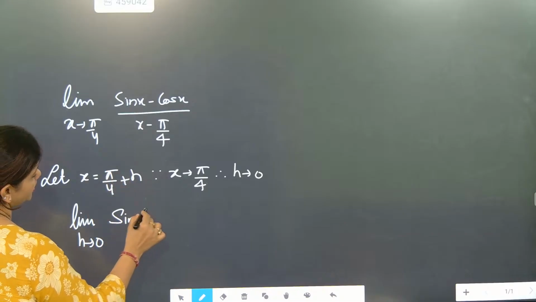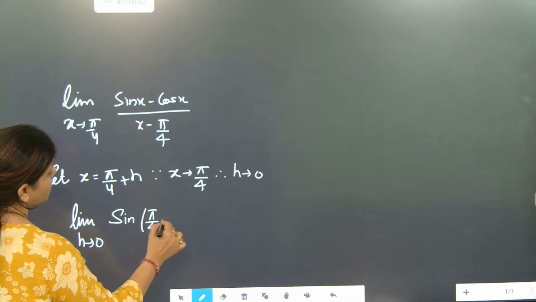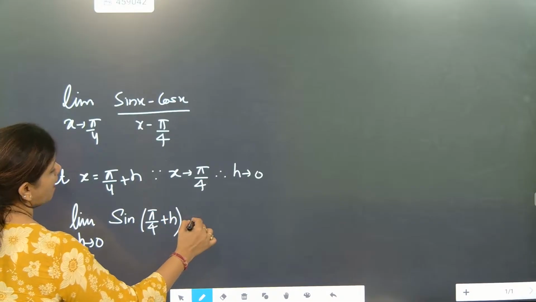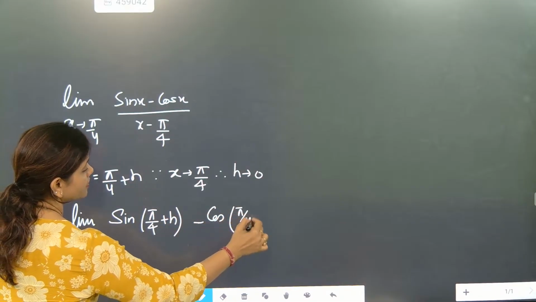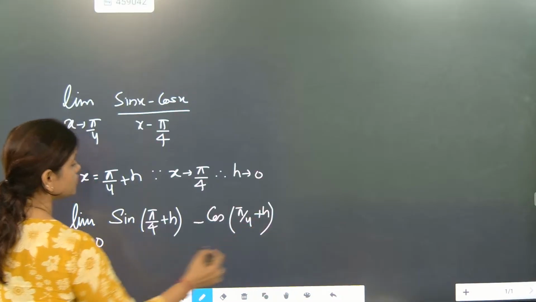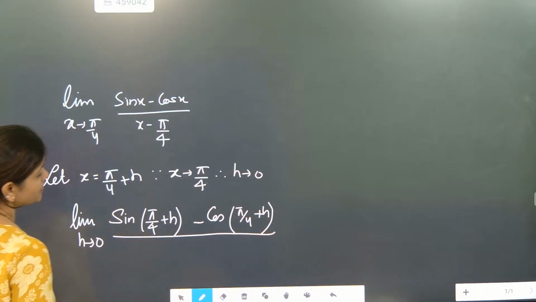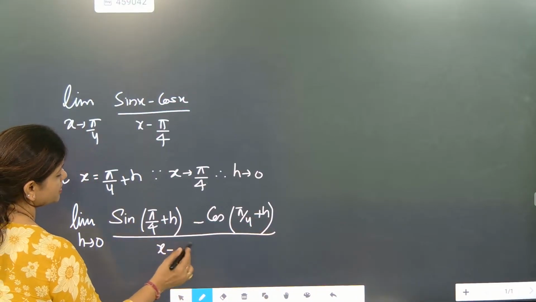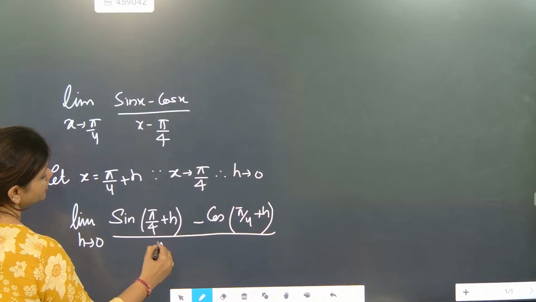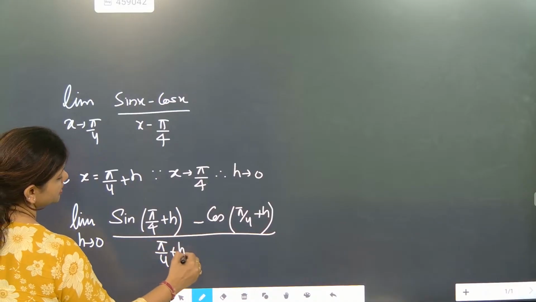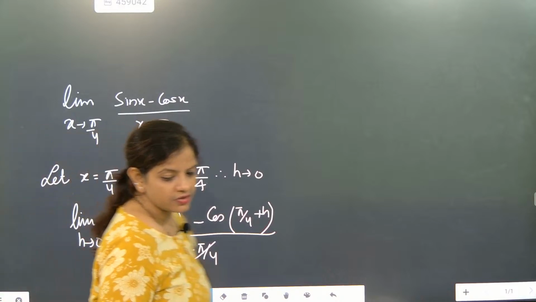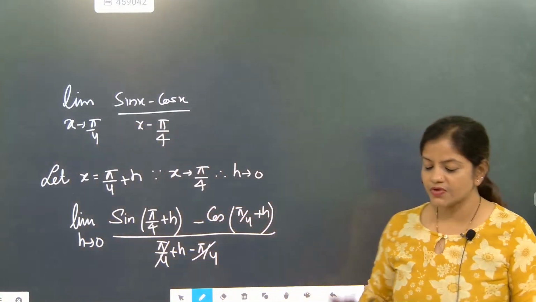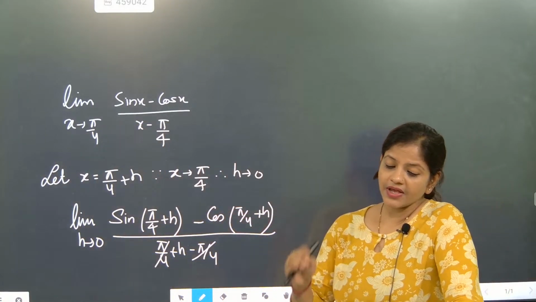Here it will become sine of pi by 4 plus h minus cos of pi by 4 plus h, because pi by 4 is there. Be very specific for this. So instead of x, we put pi by 4 plus h, minus pi by 4. This and this will get cancelled.